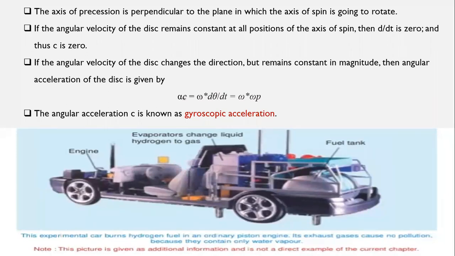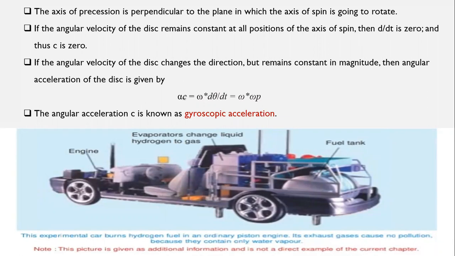If the angular velocity of the disk changes direction but remains constant in magnitude, then the angular acceleration of the disk is alpha c. This is considered as omega into d theta by dt, where d theta by dt is taken as omega p, that is the precessional angular motion.